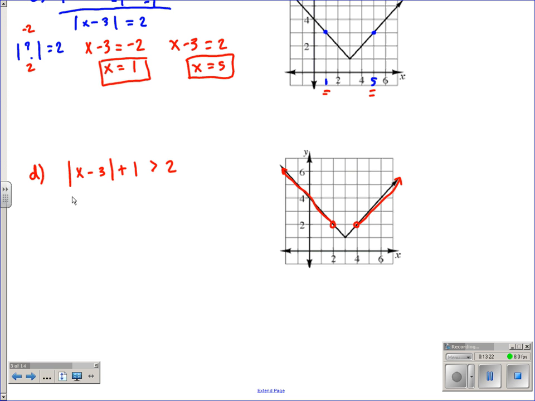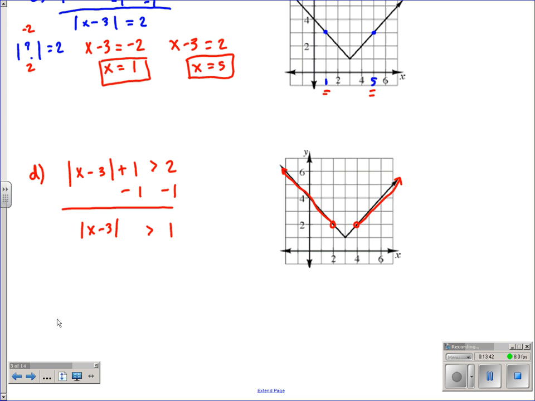Let's follow the same process. Let's isolate the absolute value brackets. Subtract your 1, subtract your 1. So the absolute value of x minus 3 is going to be greater than 1.